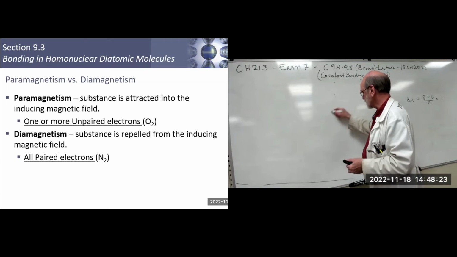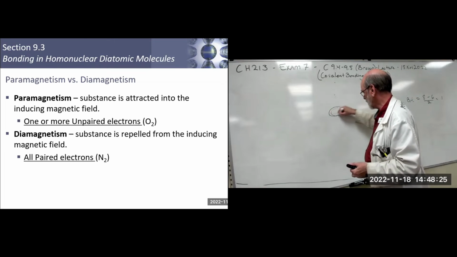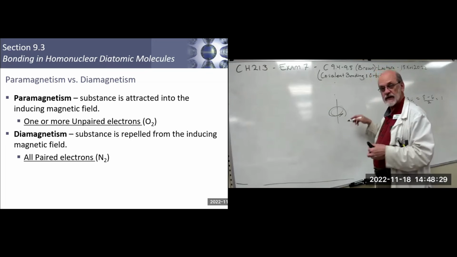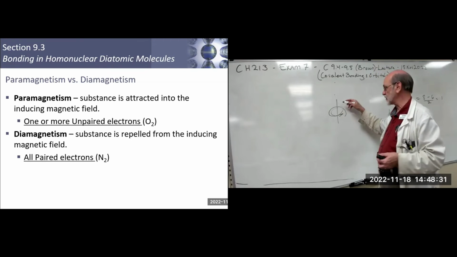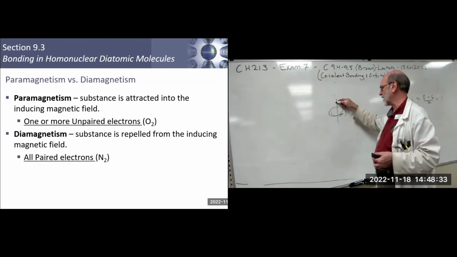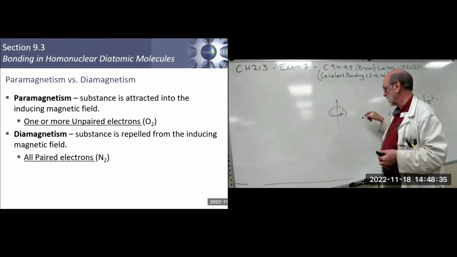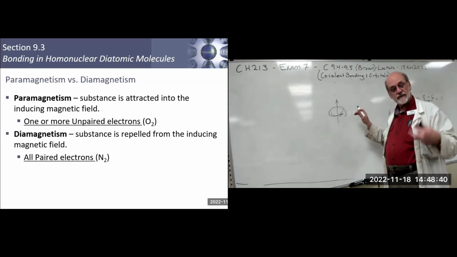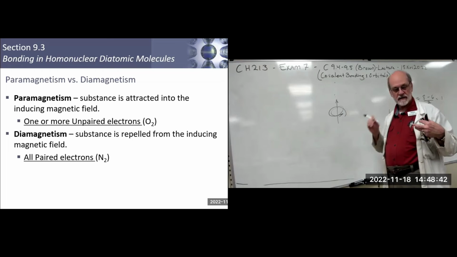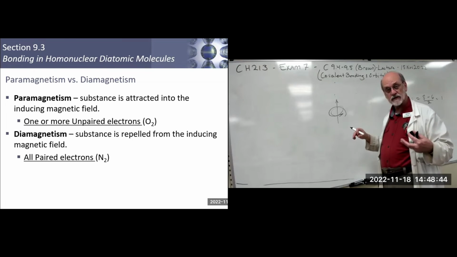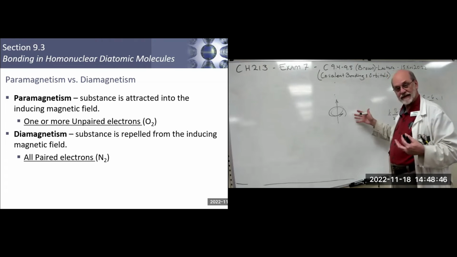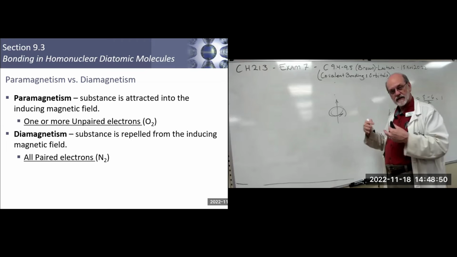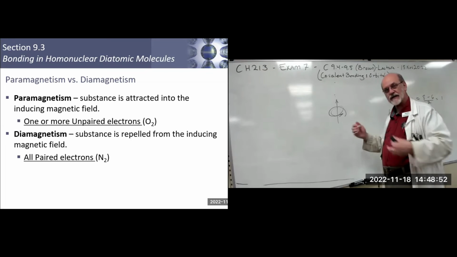So you've got this sphere, and it's spinning around like that with its pole here, and it produces a magnetic moment in a certain direction. Well, if it comes into contact with another magnetic field, then it's attracted to that magnetic field because it has its own magnetism, and they interact in such a way that they're attracted to one another.